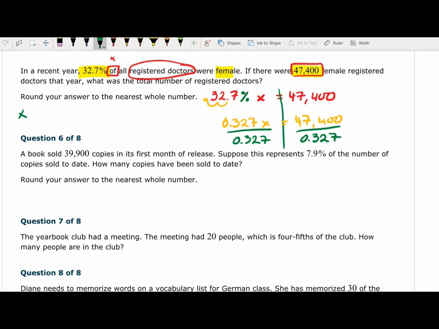So X equals 47,400 divided by 0.327. That will give you 144,954.1284. All right, but they say round it to the nearest whole number, right? Since we talk about people here, X will be 144,954 registered doctors.